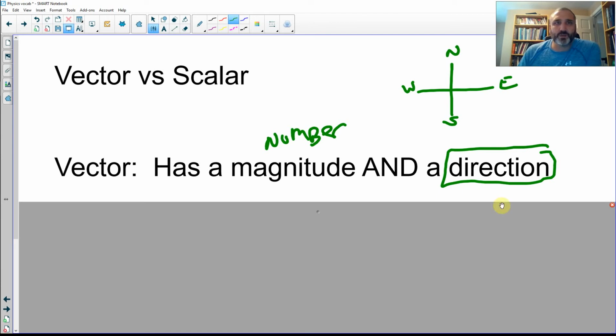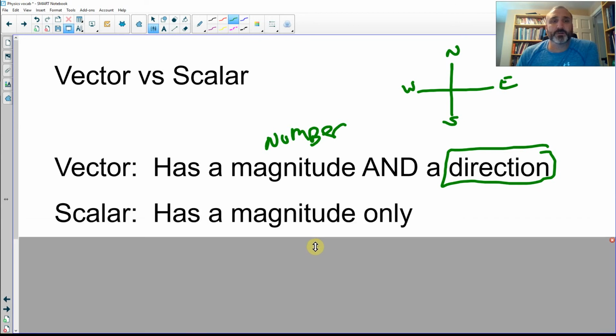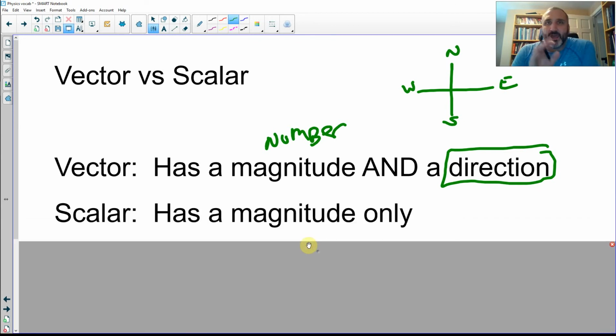The other way that we can talk about numbers is through scalars. And that's the big difference between vectors and scalars: scalars are quantities that don't have direction associated with them.